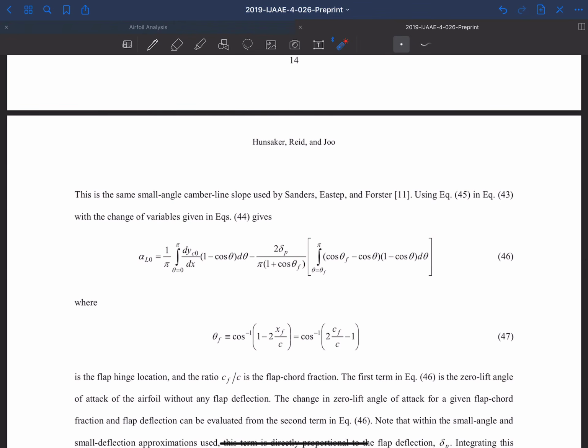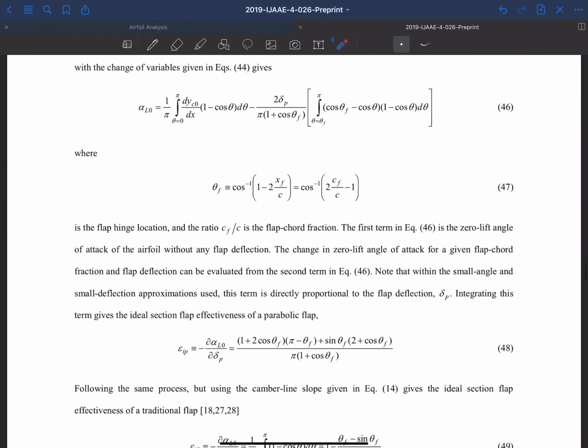We can plug that into the alpha L0 equation from thin airfoil theory, and what we get is our original alpha L0 minus some term after we've gone through this change of variables. Remember, we have to change x to theta. Once we've done that and plugged it in, we get a term that is due to the flap deflection.